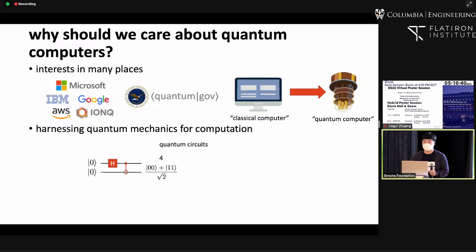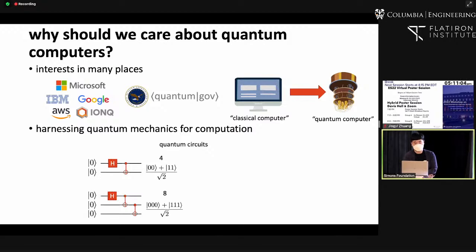If you go from the left, you run into this Hadamard gate and CNOT gate, and in the end you get a state that is known as the Bell state, 00 plus 11. To emulate this on your laptop, you need to do linear algebra operations whose dimension is 2 times 2, so it's 4.